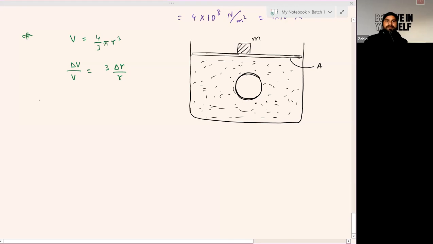You'll be asked to find the fractional change in radius of the sphere.